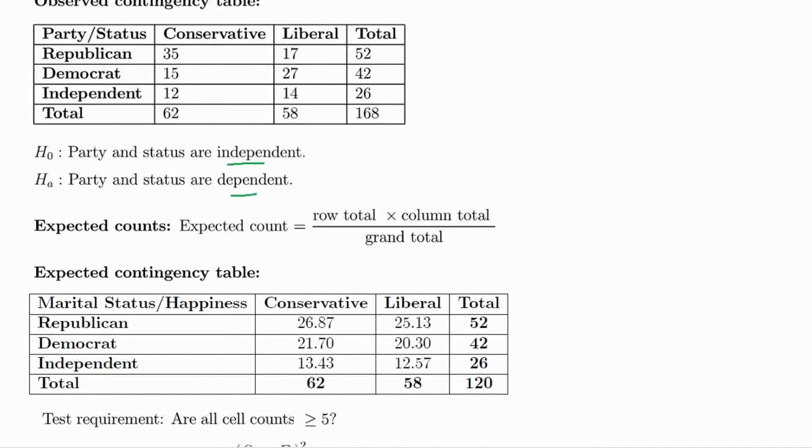So you should have got, for the conservative column, 21.7, 13.43, and for the liberal column, 25.13, 20.3, and 12.57. All the cell counts are greater than or equal to 5, so we can perform the test.